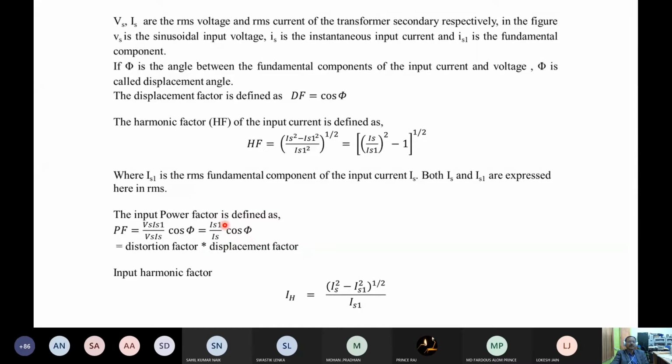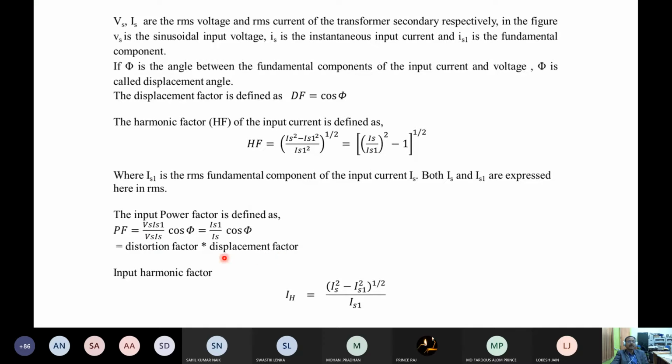This factor is known as distortion factor into displacement factor. So if the input voltage is sinusoidal and the input current is not sinusoidal, the input power factor is a multiplication of two factors, distortion factor and displacement factor.